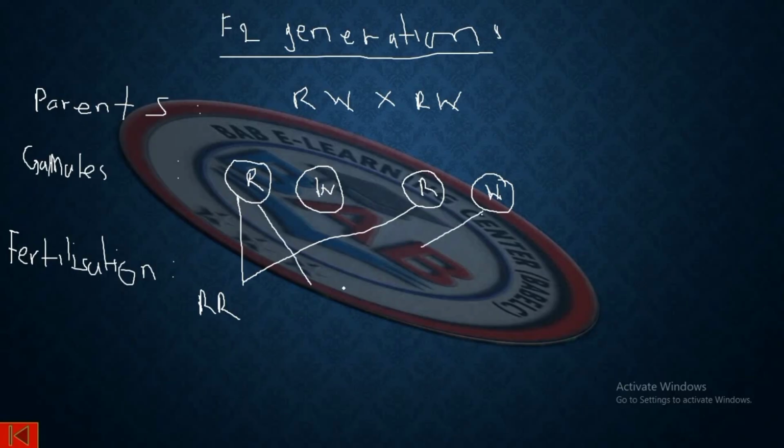This very gamete fertilizes this one, resulting in an offspring with both red and white controlling alleles. This one fertilizes this, again forming an offspring with both red and white controlling alleles.